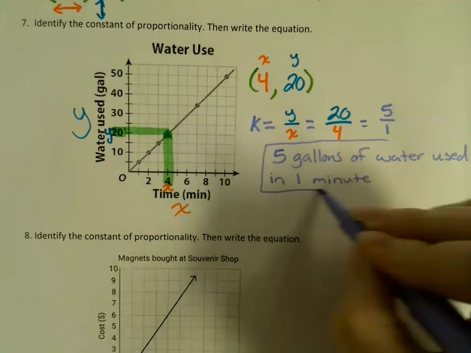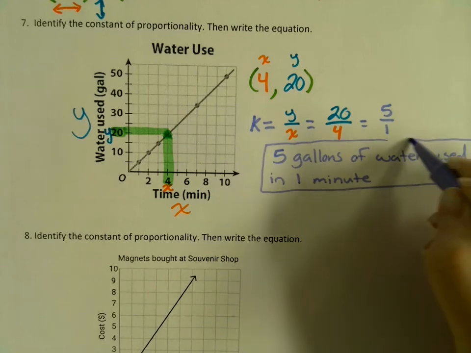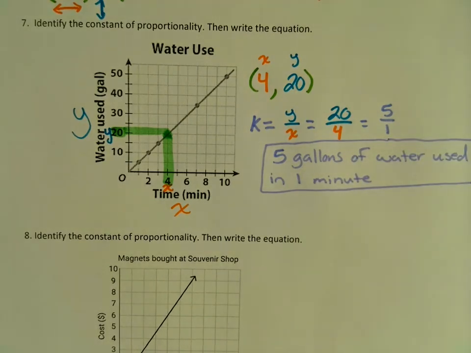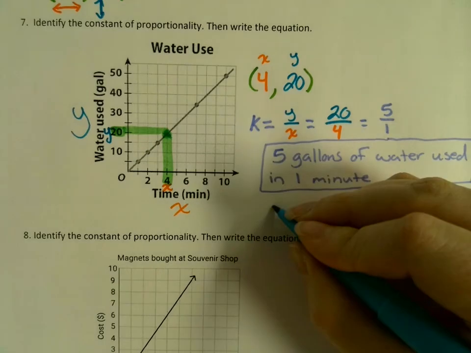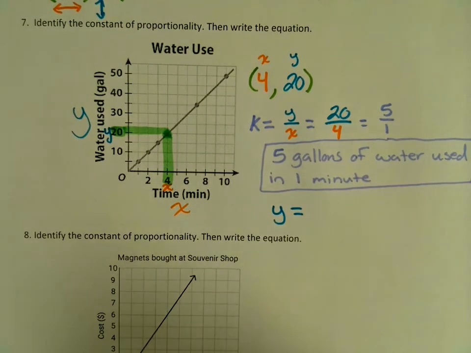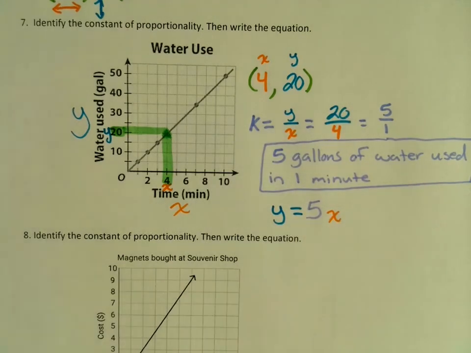As an equation, it's going to be Y is equal to 5x.